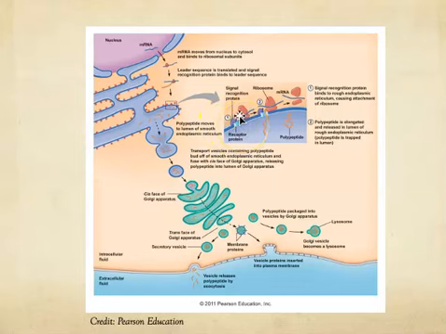The signal sequence will come into the pore and bind to the wall. And then as the ribosome continues to translate the mRNA, the growing polypeptide will pass through the pore into the lumen of the rough endoplasmic reticulum, as we talked about earlier.